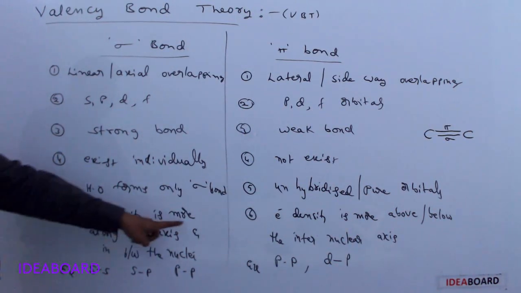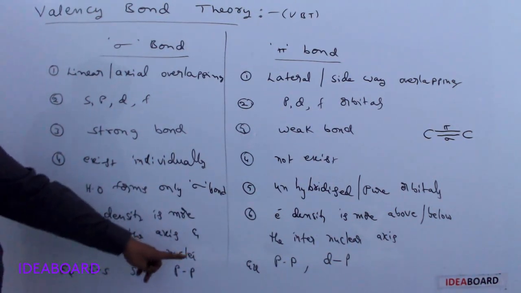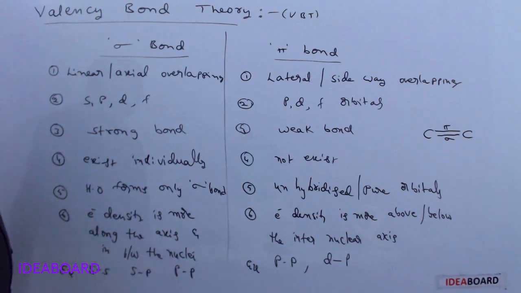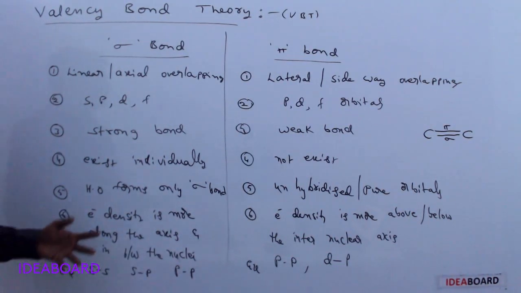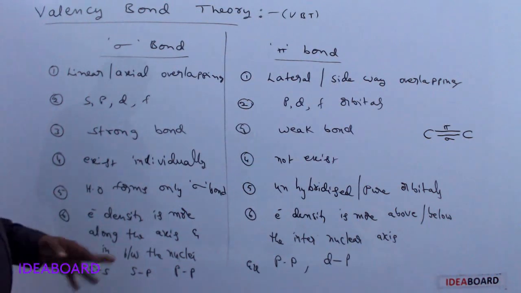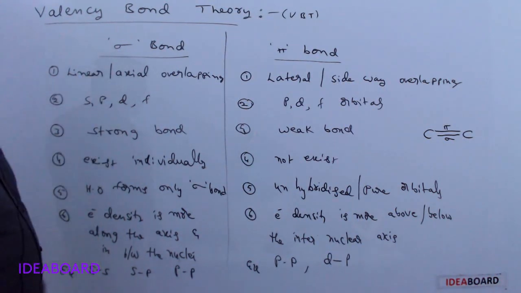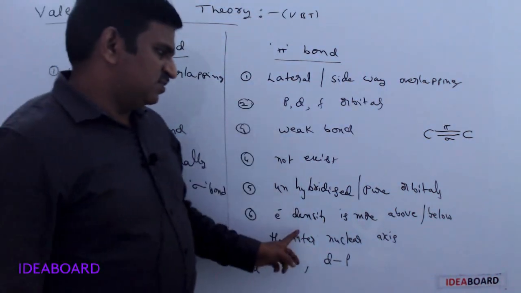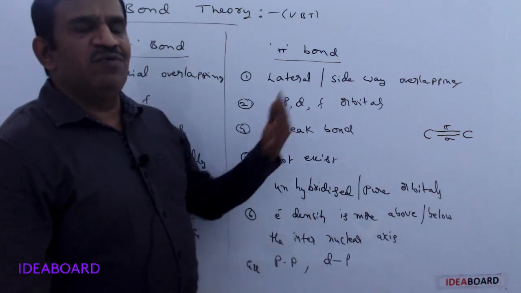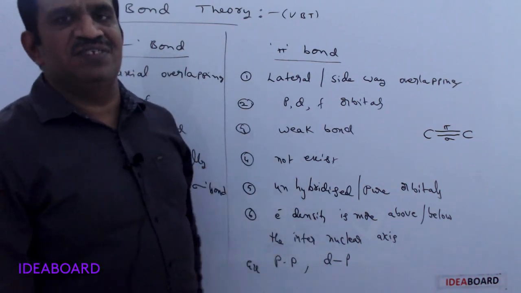Next, electron density is more along the axis and in between the two nuclei in a sigma bond, and the extent of overlapping is more, so it is a strong bond. In a pi bond, along the axis there is no electron density; above and below the axis, electron density is present.